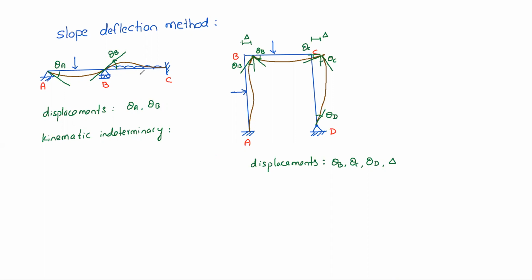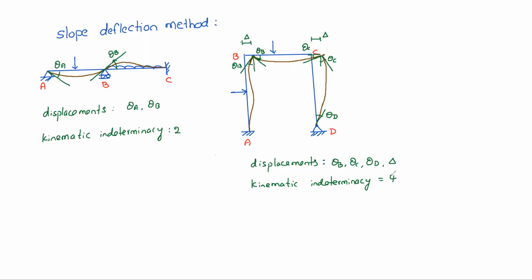Number of degrees of freedom, I mean, rotations or translational displacements. Okay, two numbers here. That is kinematic indeterminacy. Here kinematic indeterminacy, four: theta B, theta C, theta D, and delta.